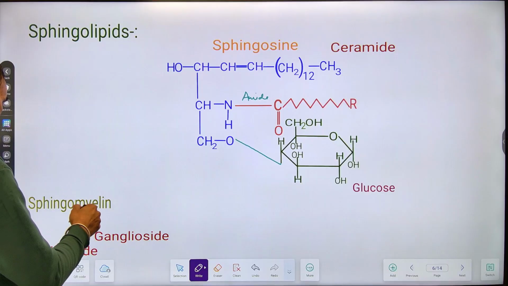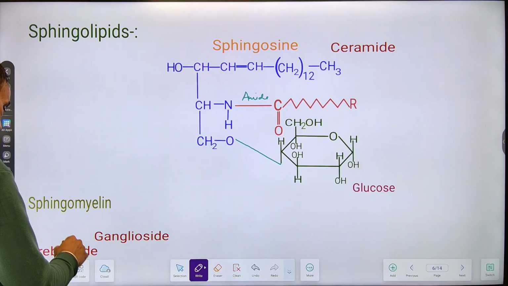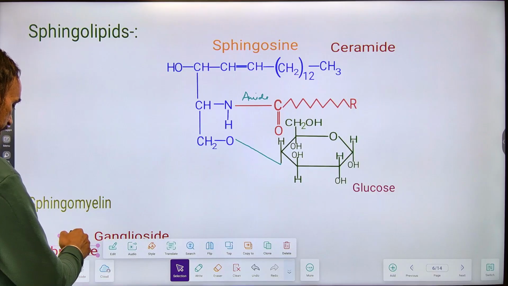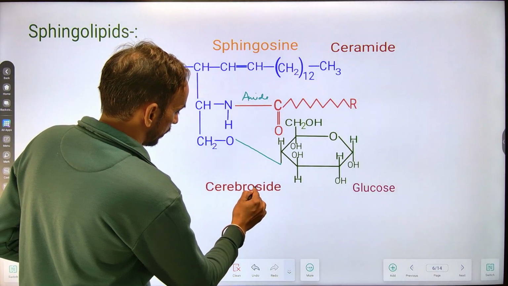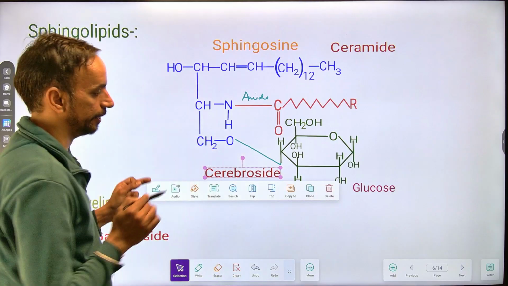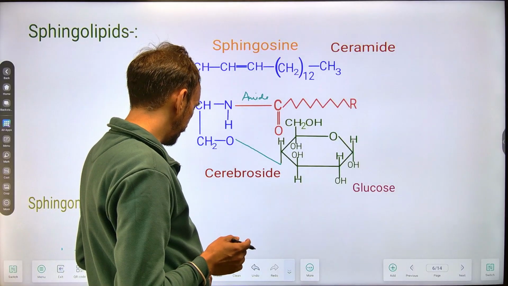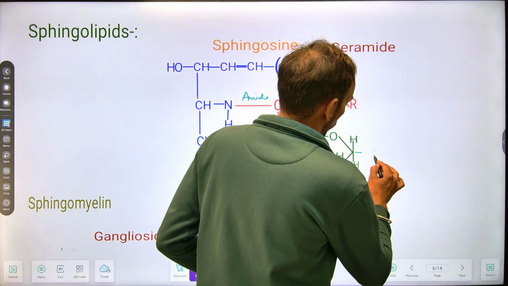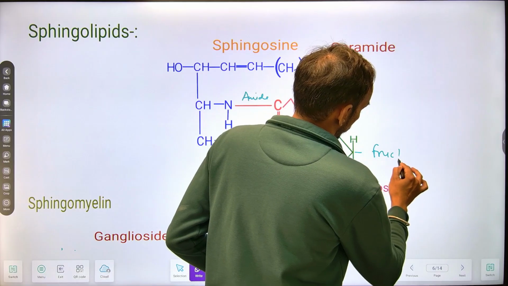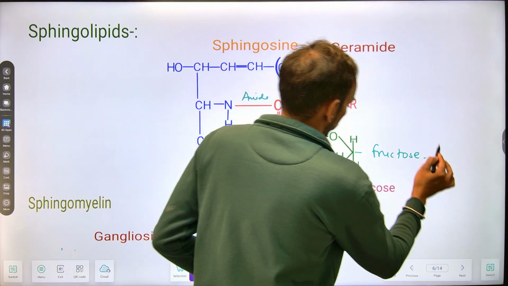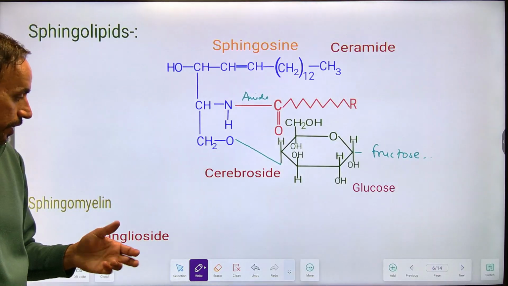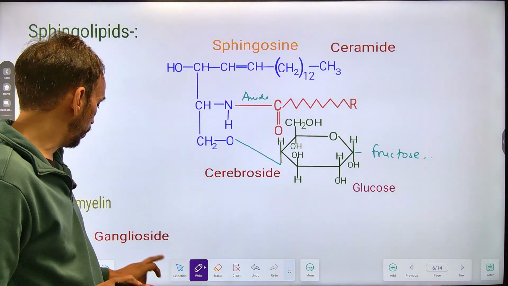So these are called as the cerebroside. It is a glycolipid, and this glycolipid it is called as cerebroside. And if there is a addition of multiple type of sugar like glucose है, साथ में आपने fructose भी ऐड कर दिया, and so on, then the structure it is known as ganglioside.